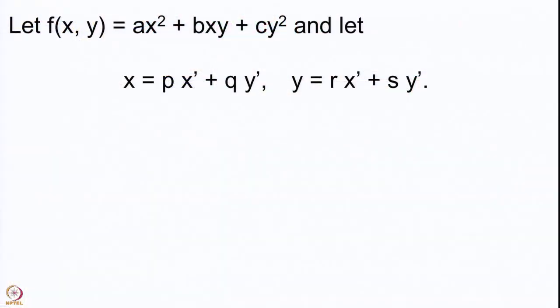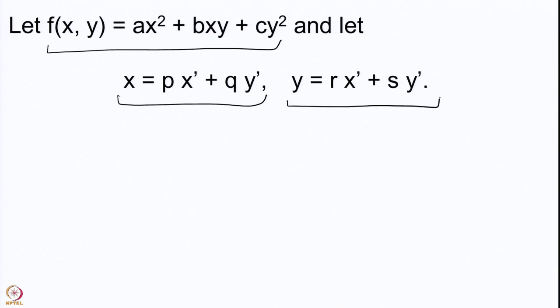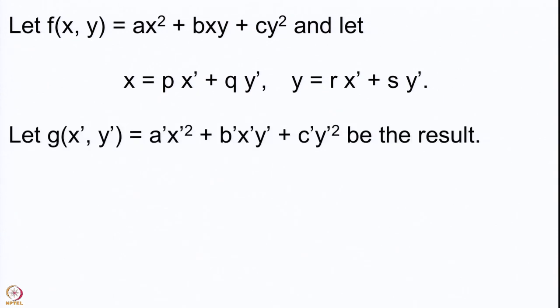So, we start with an integral binary quadratic form ax square plus bxy plus cy square, and we apply this transformation. We change x to p x prime plus q y prime, and y goes to r x prime plus s y prime. So, what is going to happen is that we will get a different integral binary quadratic form.